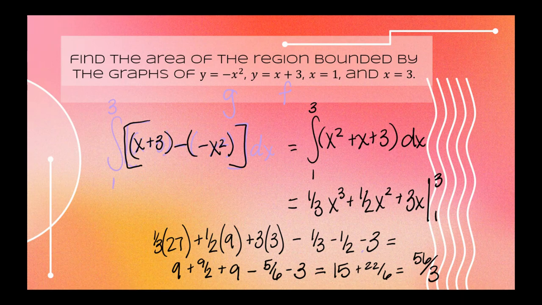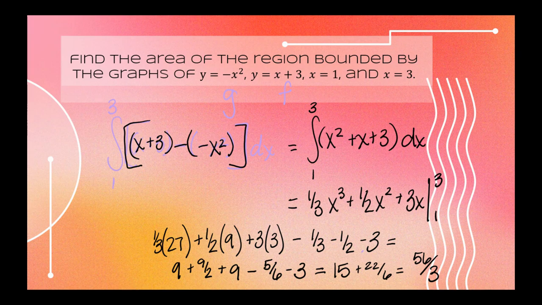Did you do 1 minus 3? It's the only thing I can think of is if you put it in backwards. Okay. So you plug in all the 3s, and then you subtract when you plug in all the 1s. Yeah.